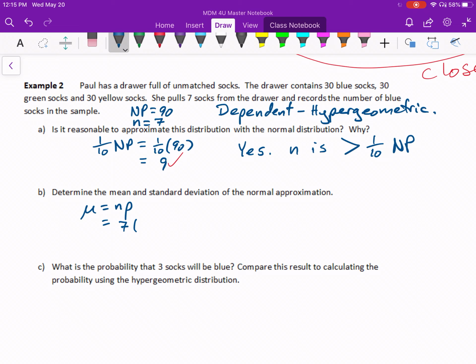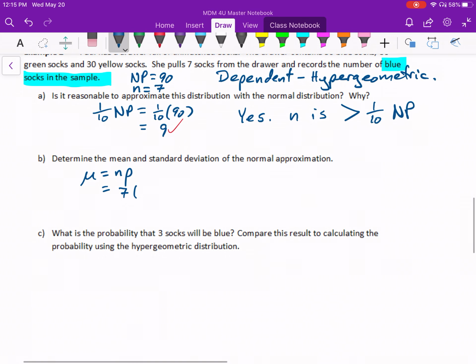So 1/3 of the socks are, what was it, blue? Yes, blue socks. So 1/3 of the components are successes. So 7 times 1/3, which is 2 1/3, 2.3 repeating, that's our mean.